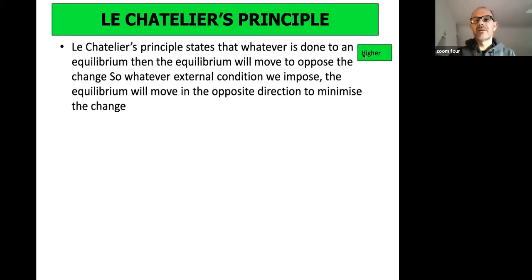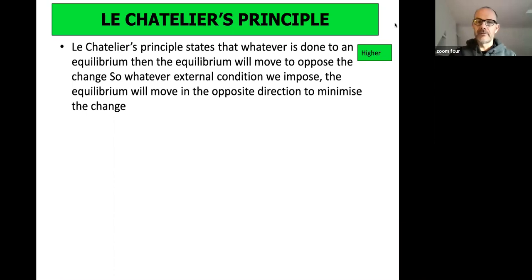So we've got this idea of Le Chatelier's principle. And Le Chatelier basically was talking about dynamic equilibriums. Let's be really clear. We're talking about reversible reactions that have got an equilibrium. Okay, so my A plus B goes to C plus D and back the other way.